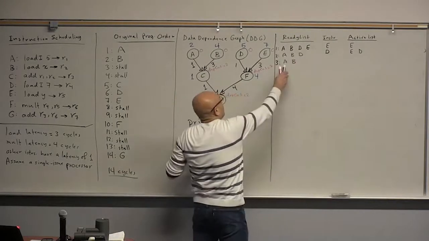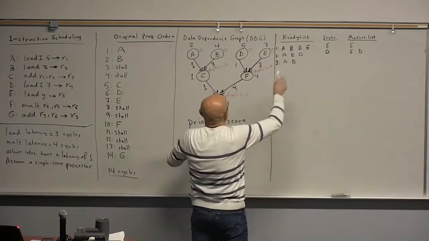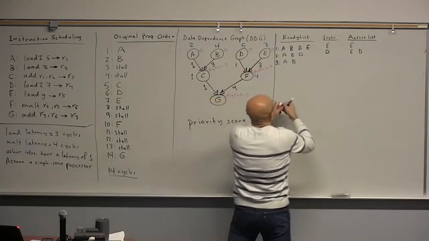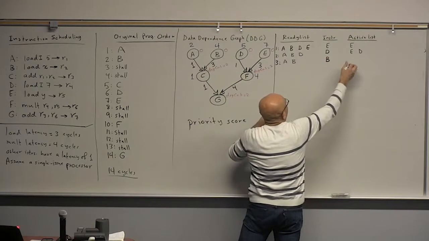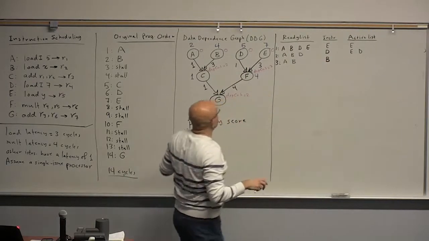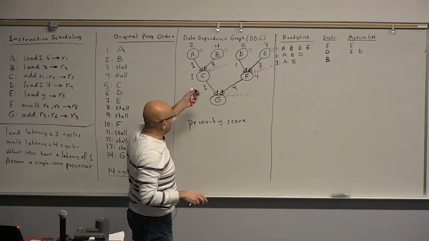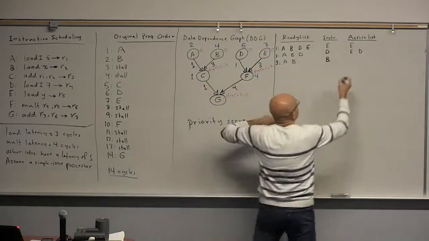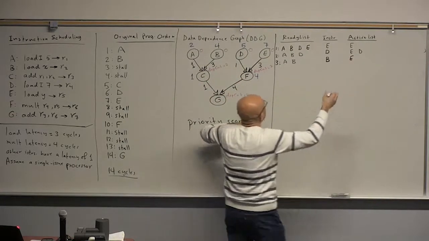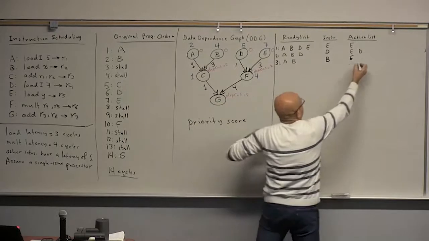Anyway, our ready list is A and B, and we will select B. Now our active list in cycle 3 will not have D in it. It will have E, and it will have B.